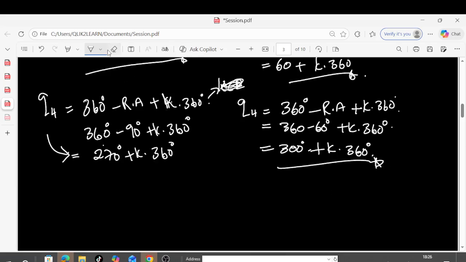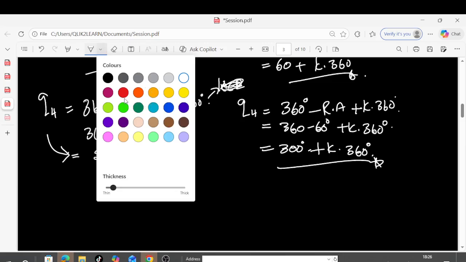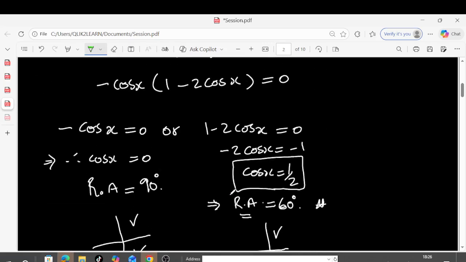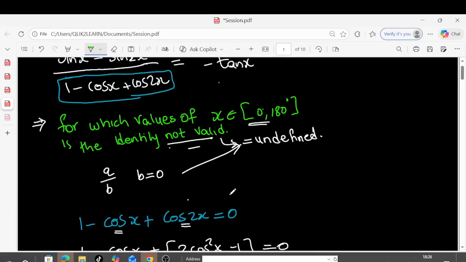But the issue is that we are not done solving the question, because when I go back, I remember they said x must be an element of 0 and 180. You can also use n times 360. Even if you use k, you can use n.